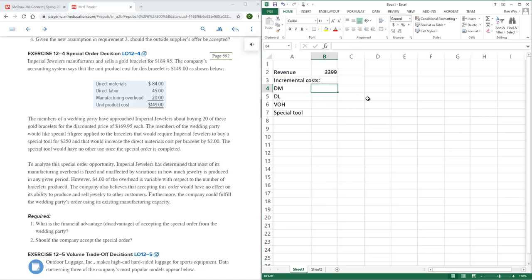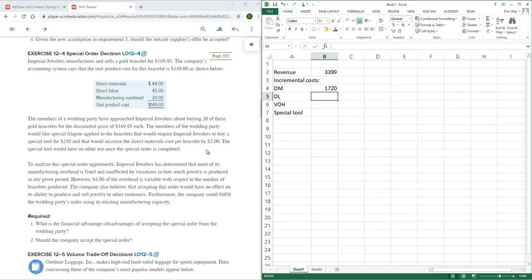Direct materials right now is $84 per unit. We also know that for this order, direct materials would increase by $2 per unit. So what we're saying there is the $84 for the normal unit plus the $2 in extra materials per unit for this order times the 20 orders would mean incremental materials cost of $1,720.